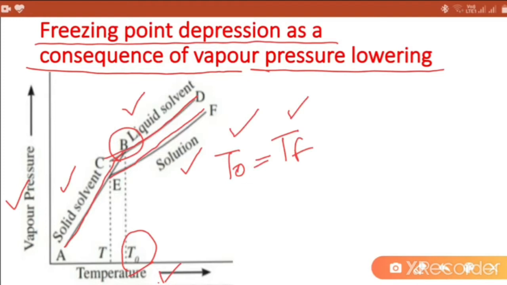And curve EF and curve AB intersect at point E. That temperature is the freezing point of solution, here represented by capital TF.